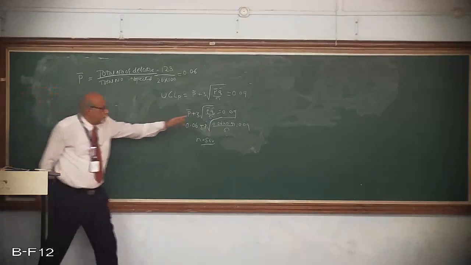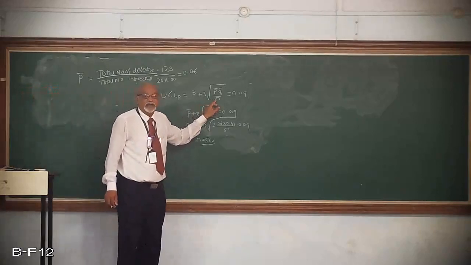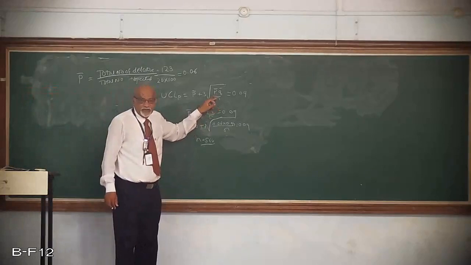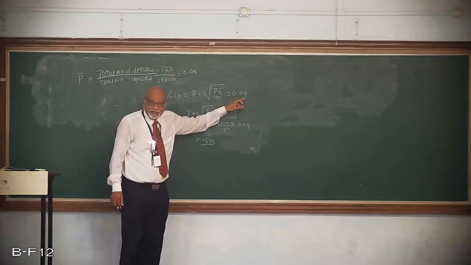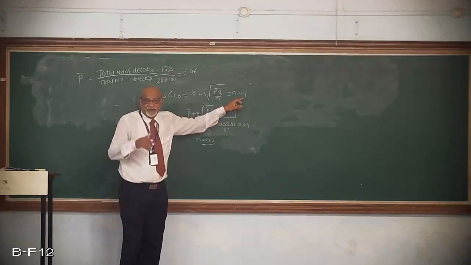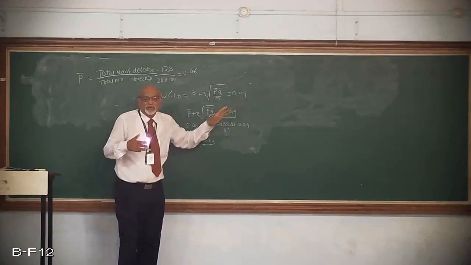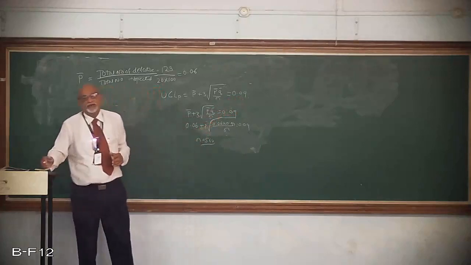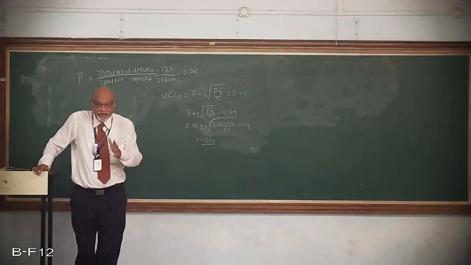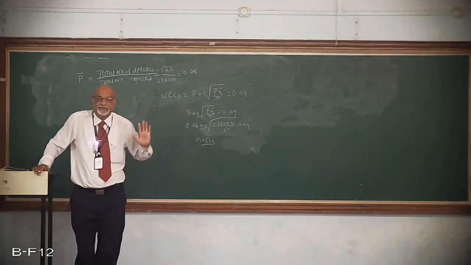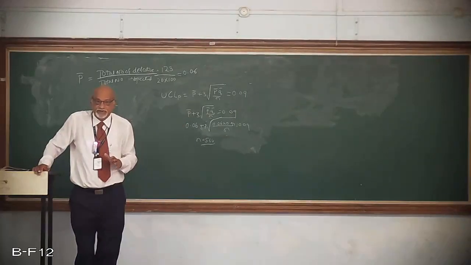If I go on increasing this N value, because it is in the denominator, the upper limit gets lower, and hence more accurate results can be got. This is what it tells us.